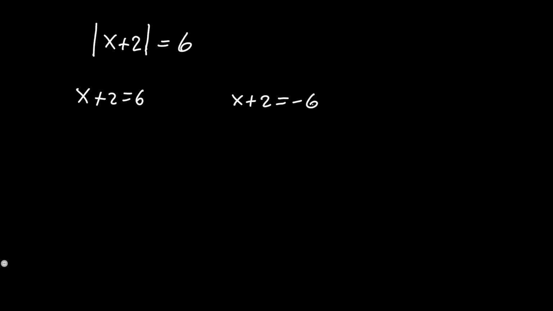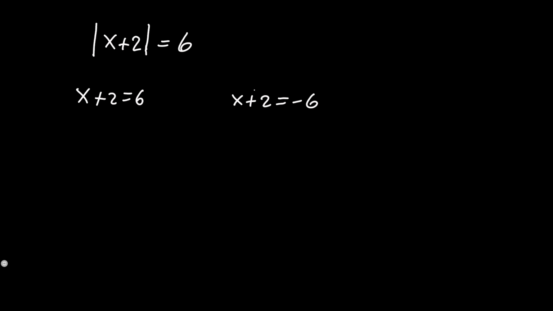So let's go ahead and look at the absolute value of x plus 2 is equal to 6. So what we're going to go ahead and do is write the two equations. So we have x plus 2 is equal to 6, and x plus 2 is equal to negative 6.